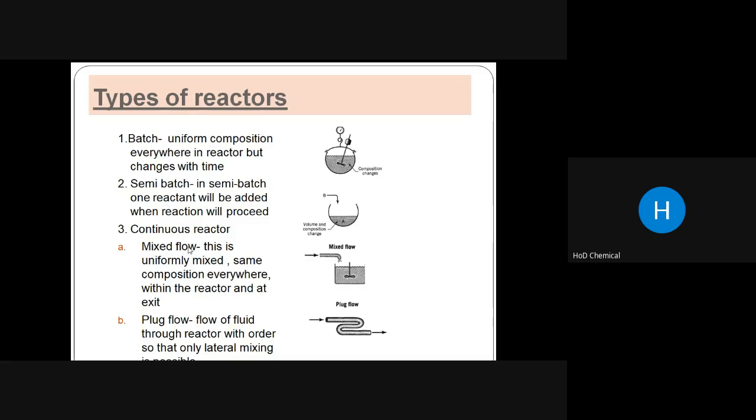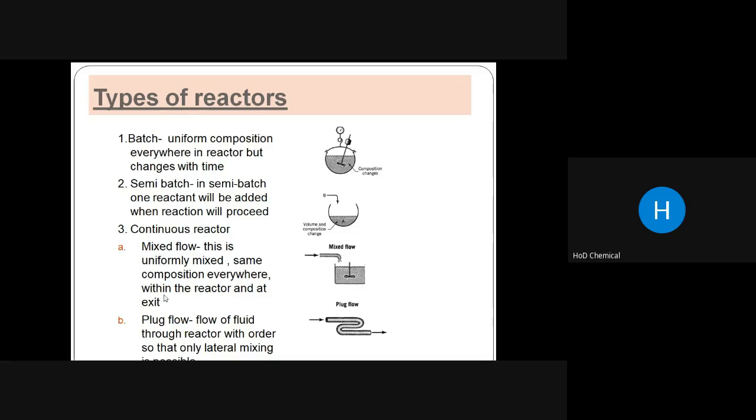The mixed flow reactor, or MFR, can also be termed the continuous stirred tank reactor, CSTR. In the CSTR the mixing happens uniformly. The reactants in the reactor keep the same composition, while the product is released simultaneously. That is called the mixed flow reactor.